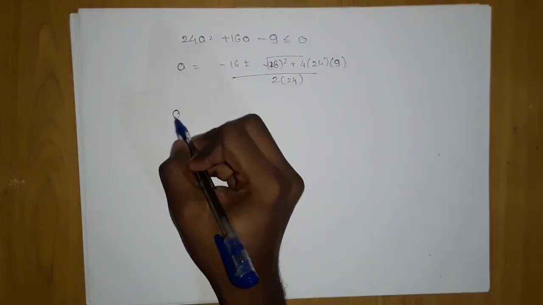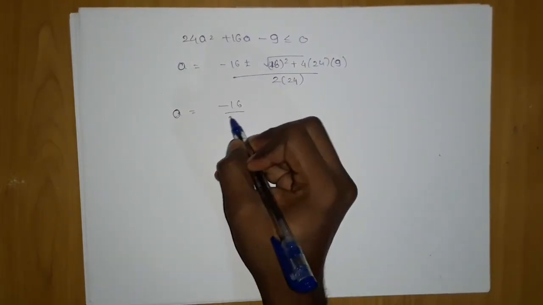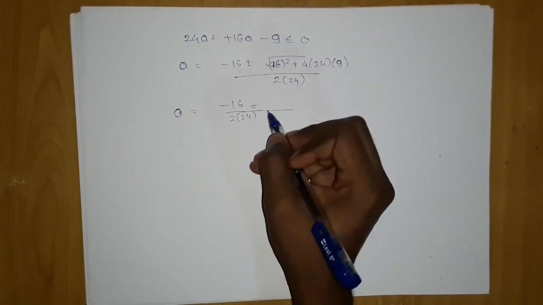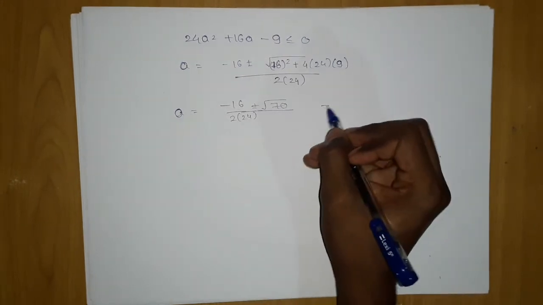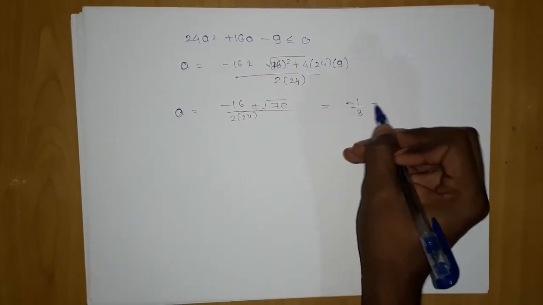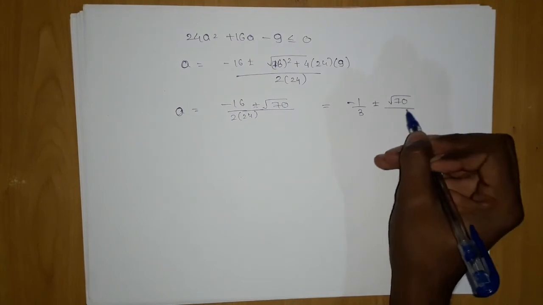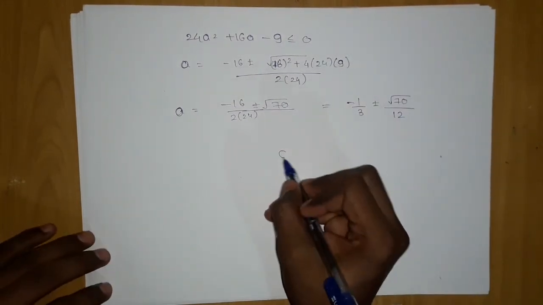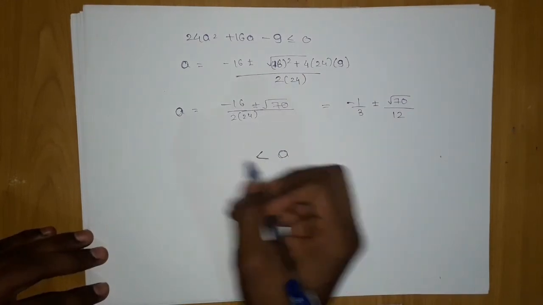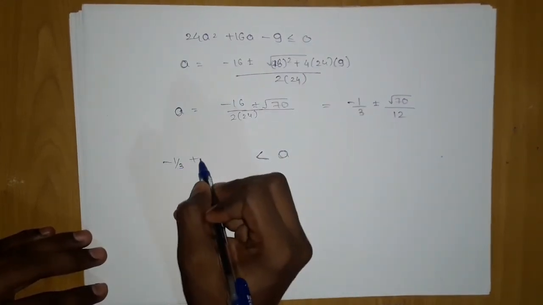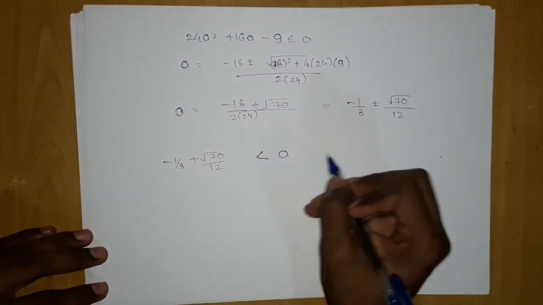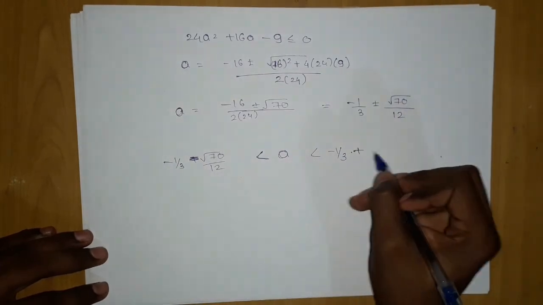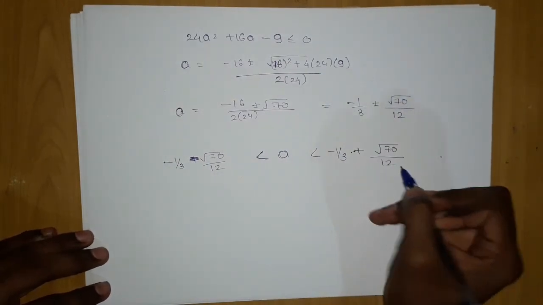So we are getting a equals minus 16 upon 2 into 24, plus minus under root 70, which leads us to minus 1 by 3 plus minus under root 70 upon 12. So a will lie between these values, minus 1 by 3 minus under root 70 upon 12 and minus 1 by 3 plus under root 70 upon 12.